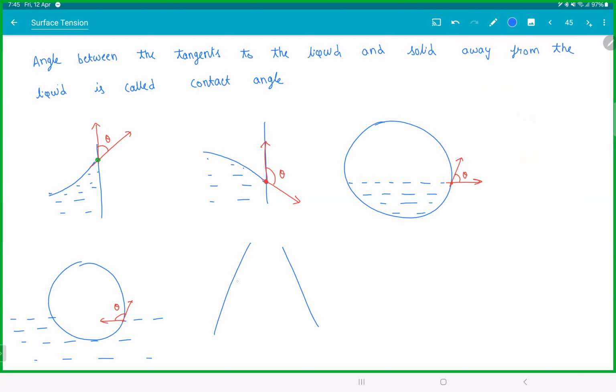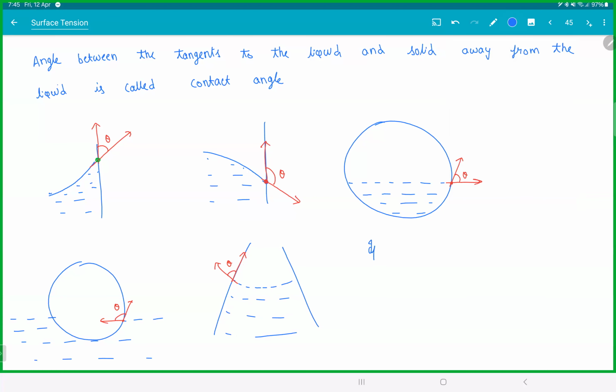Suppose you have two curved surfaces like this, this is for the solid, this is for the liquid, this is a contact angle. Please have a look at these examples. Whenever you want to find a contact angle, at the point where the liquid and the solid touch, draw two tangents. Both should be away from the liquid or towards the liquid.